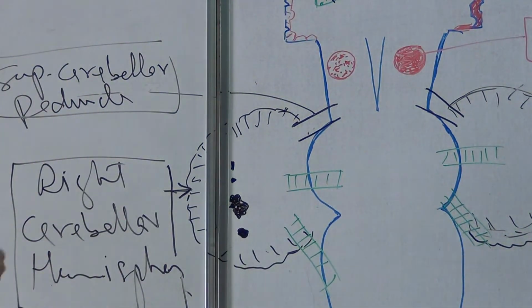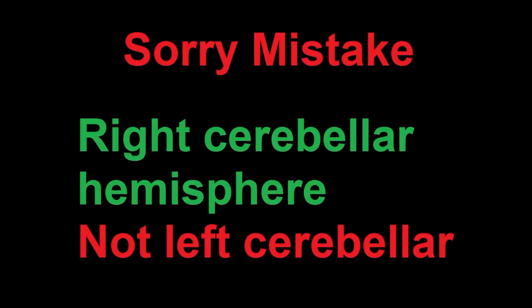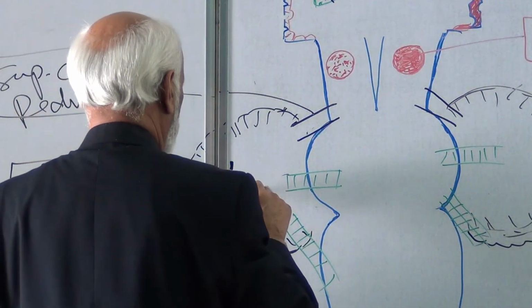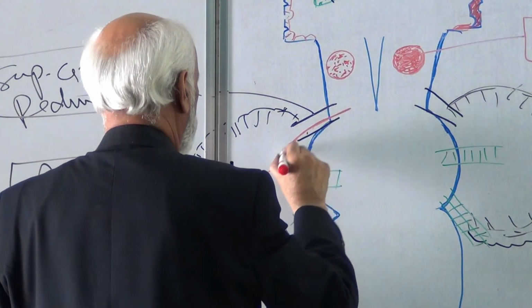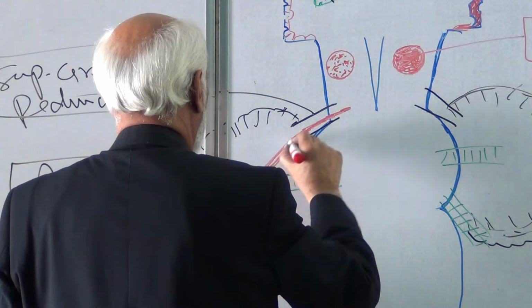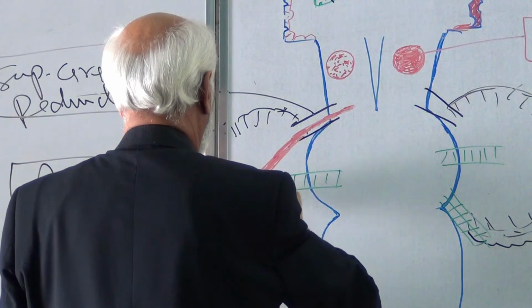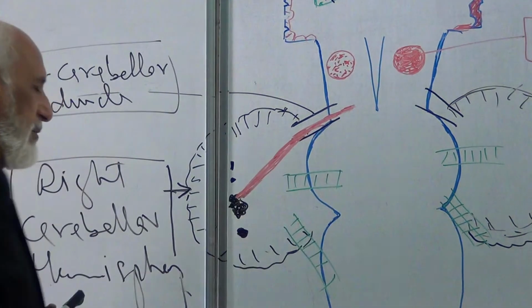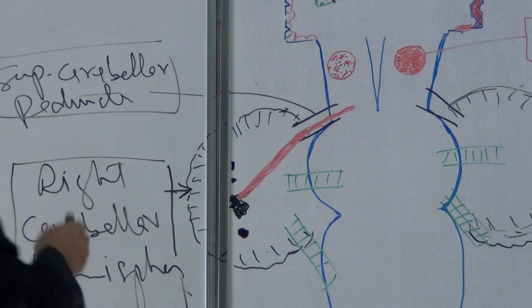So from the dentate nucleus of the cerebellar hemisphere, the nerve fibers leave the cerebellum through the superior cerebellar peduncle. On the right cerebellar hemisphere, a bundle of nerve fibers arises which enters the midbrain through the superior cerebellar peduncle.